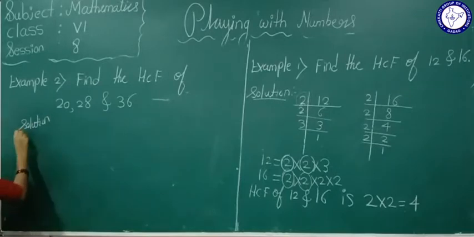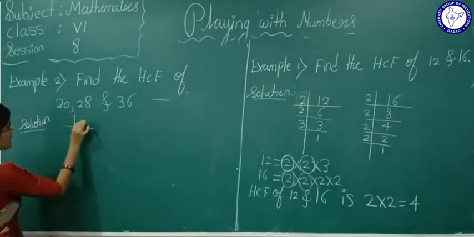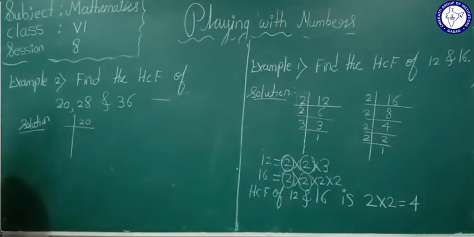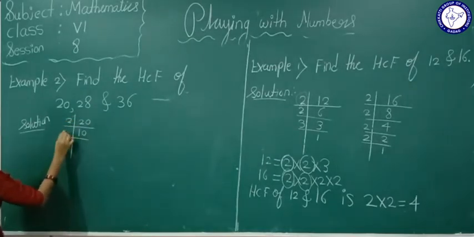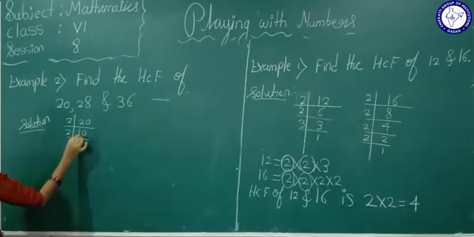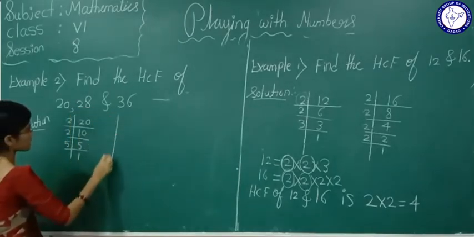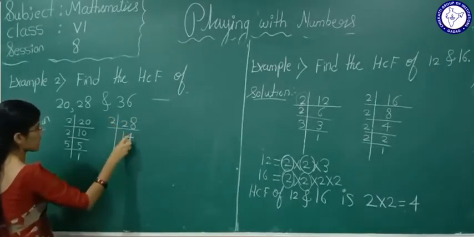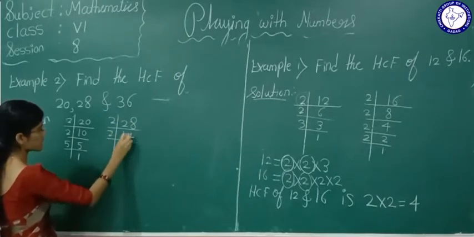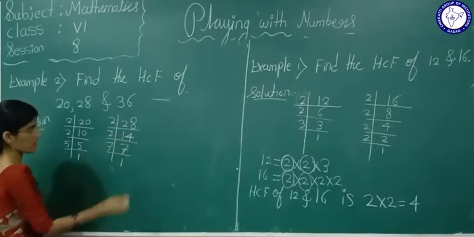Do the prime factorization of 20. 2 10s are 20, 2 5s are 10, 5 1s are 5. Now do the prime factorization of 28. 2 14s are 28, 2 7s are 14, 7 1s are 7.